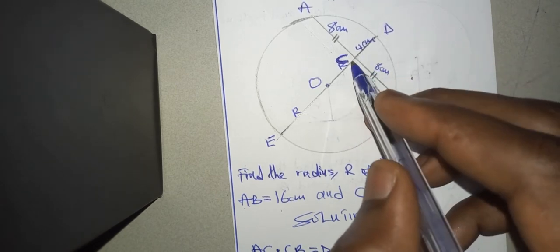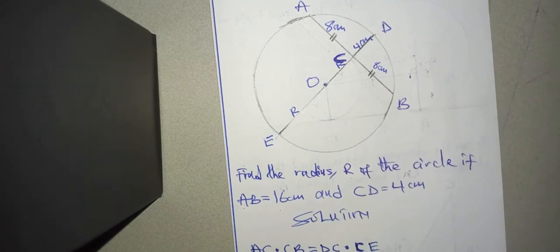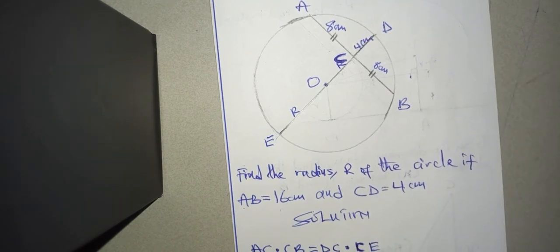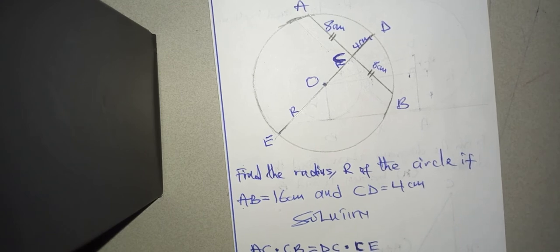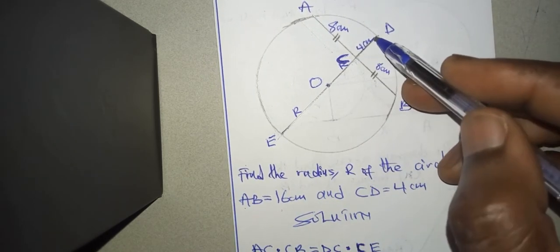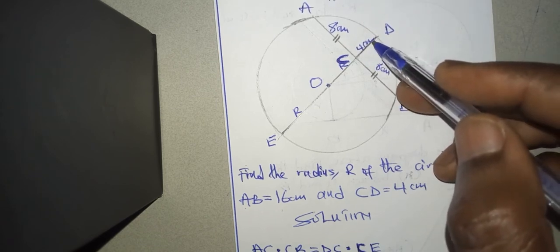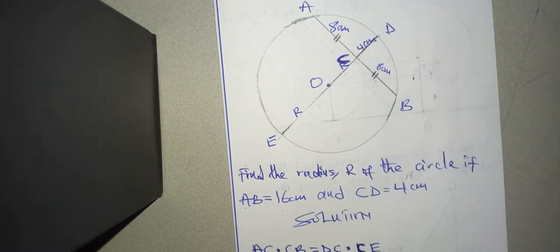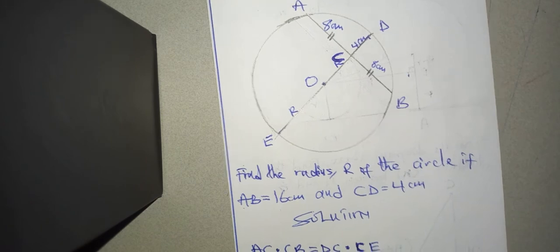So what will be CE? CE is going to be 2R minus 4, because the whole of this is 2R, but a fraction of it is 4 centimeters. What do we do to get the rest? We subtract this from the whole, and the whole is 2R. So this fraction is going to be 2R minus 4.